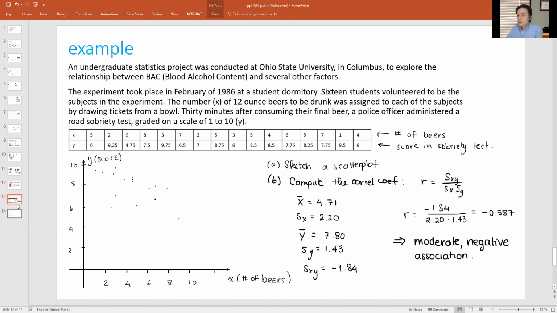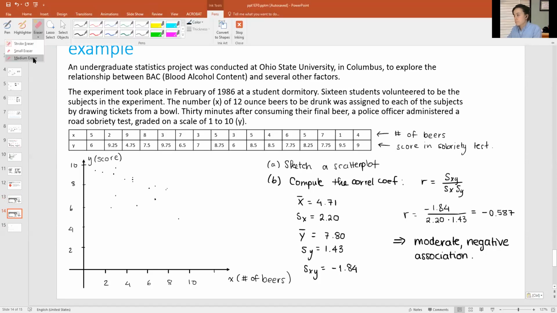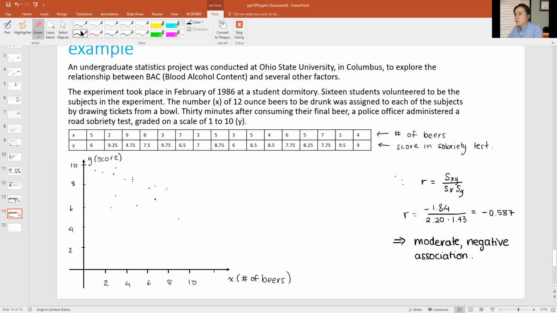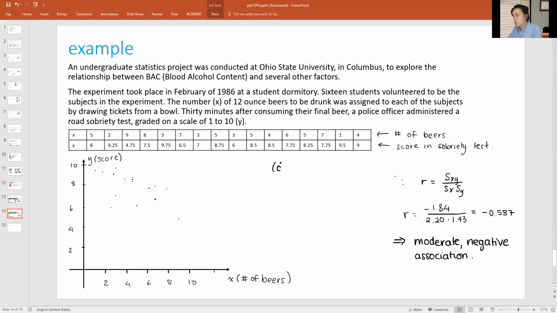Also, we're going to use this. So let me just copy this one. Now that I have the value for R, which is my correlation coefficient, I'm going to use that value in order to compute the coefficient of determination.